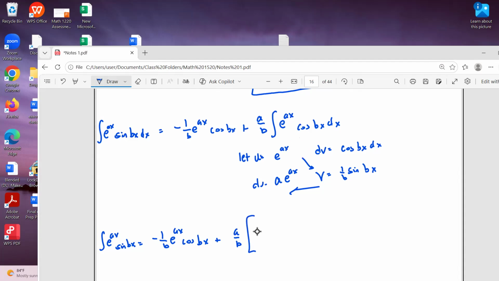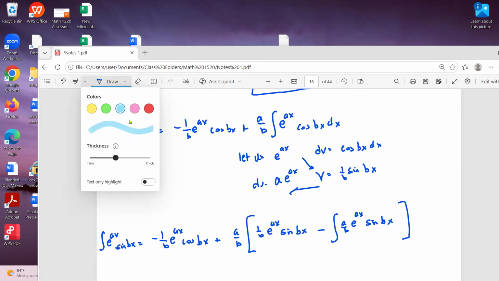And that's going to be 1 over b e to the ax sine bx, right? That's this piece right here. Minus the integral of, we're going to say a over b, that's this a, that's this over b, e to the ax sine bx, right? And that's what we've got next.